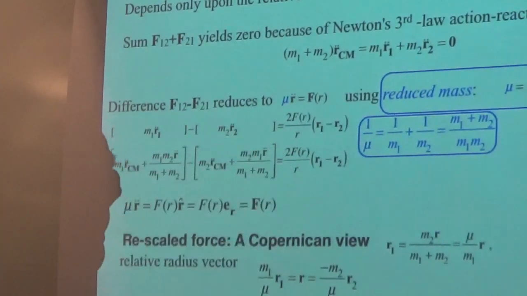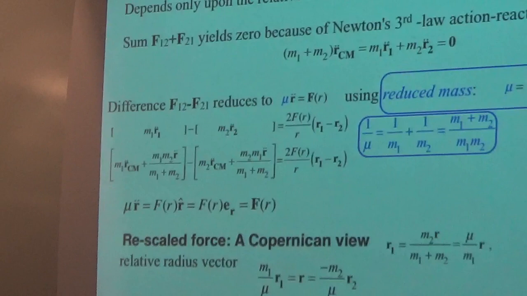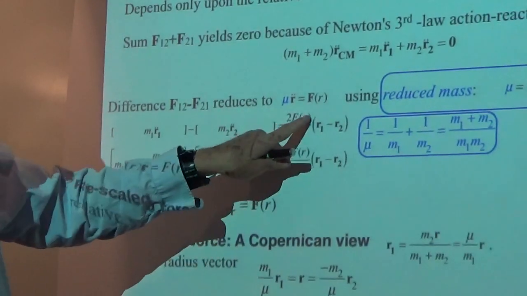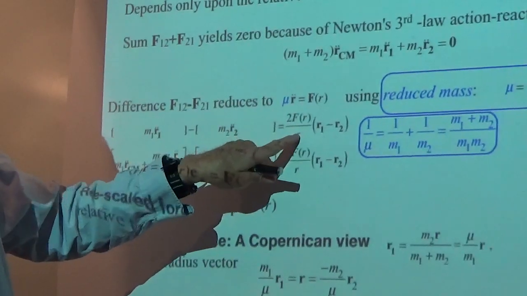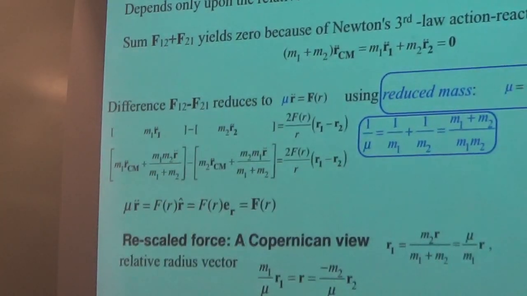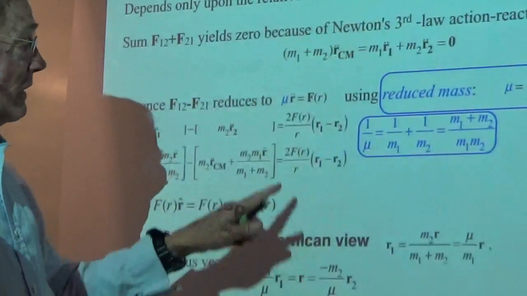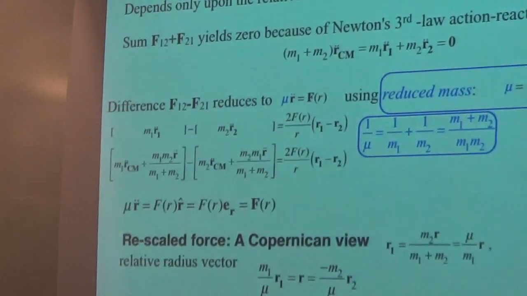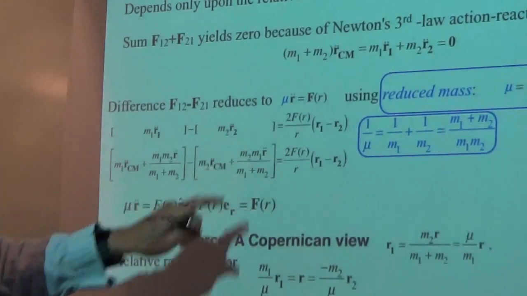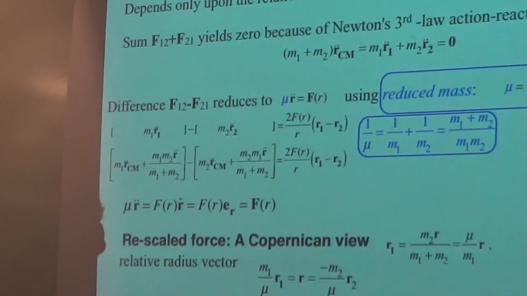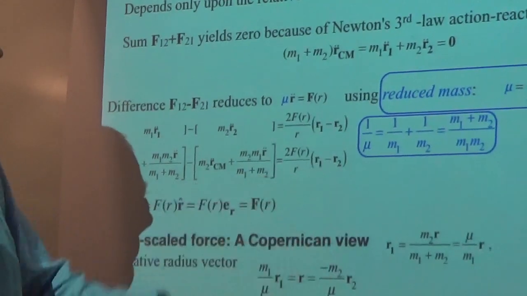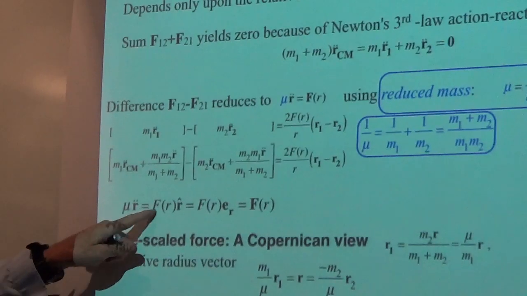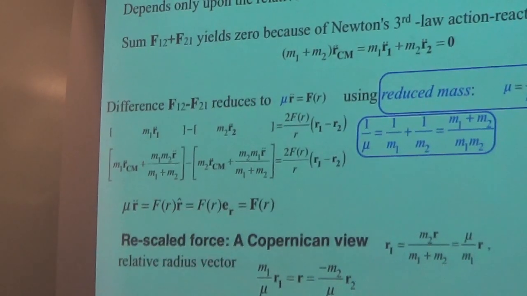In this case, we'll imagine some function of R here, and I'm going to divide by R, the separation scalar value, and obtain an equation that involves the reduced mass. Now, the reduced mass that you use for something like this is the equation that we're actually getting for the relative coordinate.